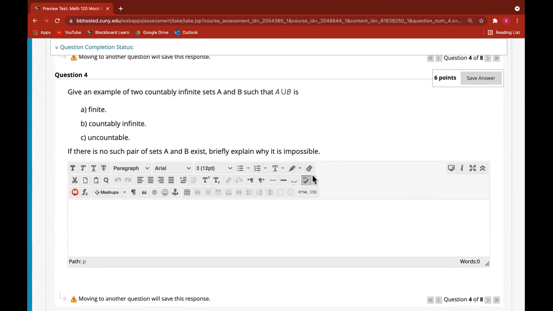Okay. So next, it asks you to find 2 countably infinite sets where A union B is finite, B countably infinite, and C uncountable.